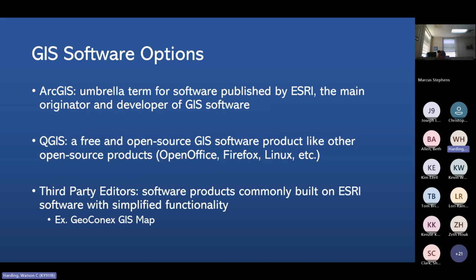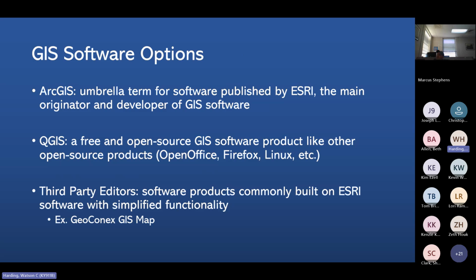There are alternatives. QGIS has been out there for a number of years. That's a free and open source GIS software, kind of like OpenOffice, Firefox, Linux. I'll get a little bit more into that specifically. And then there's third-party editors.